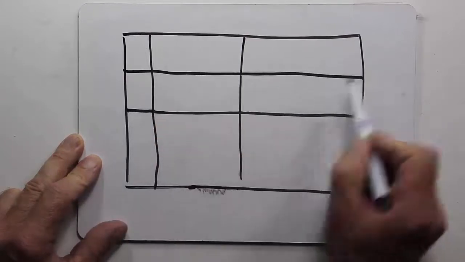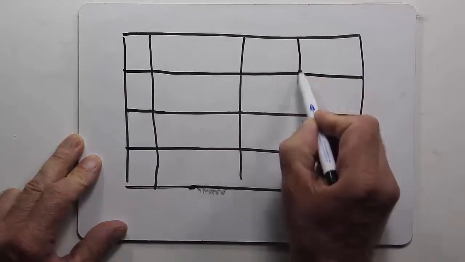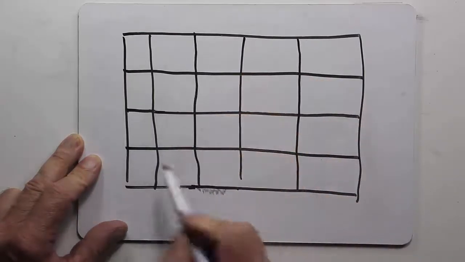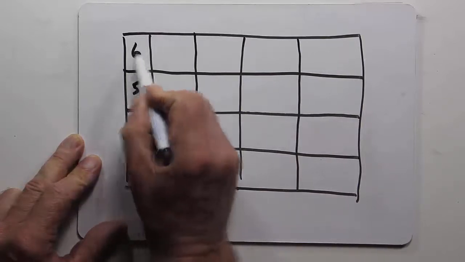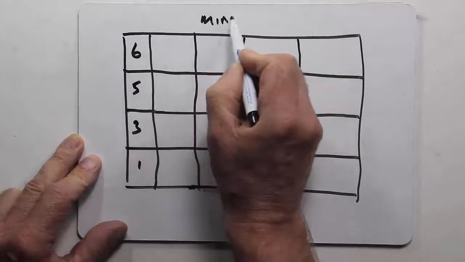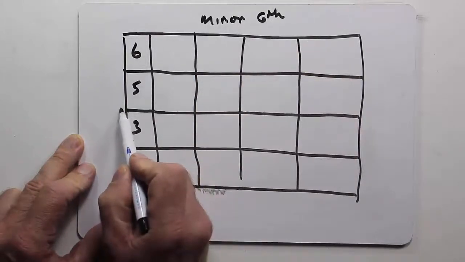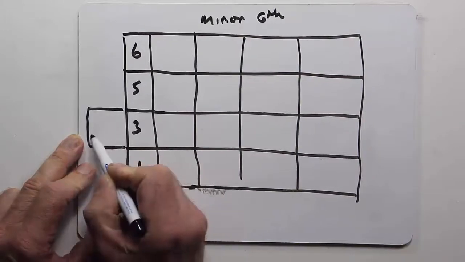Box there, box there, down, down. So you've got 1, 3, 5, 6. This is minor 6 chords, and on this you just do another little box at the side of that third and just put lowered.